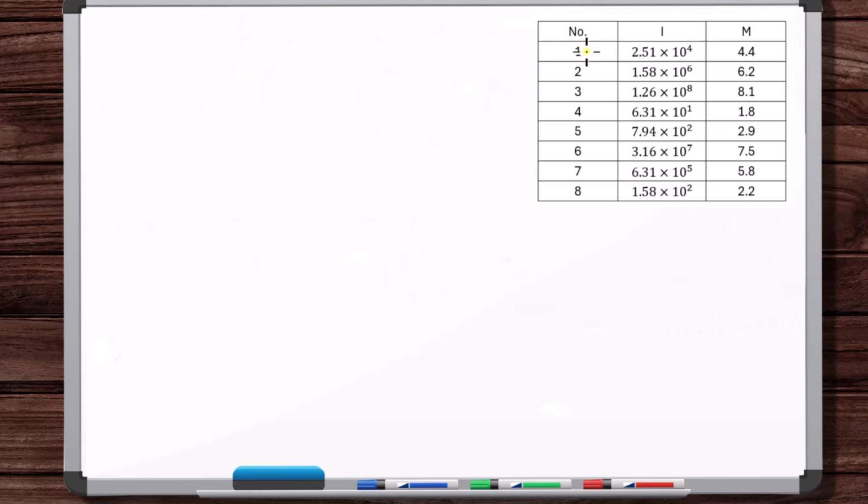So, okay, we have 8 earthquakes, and we get these intensity or energy level measurements. So let's say we want to plot these. And what we'll do is we'll make a simple bar graph. So let's do, okay, this will be 1, 2, 3.